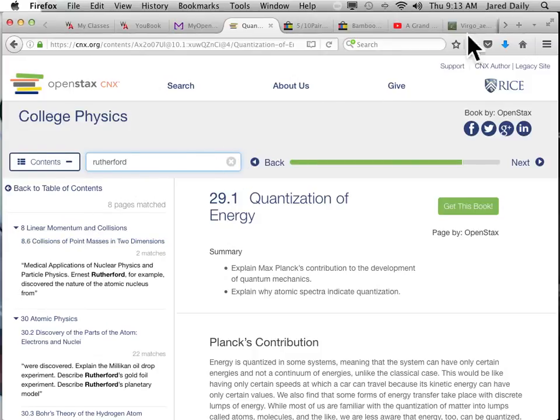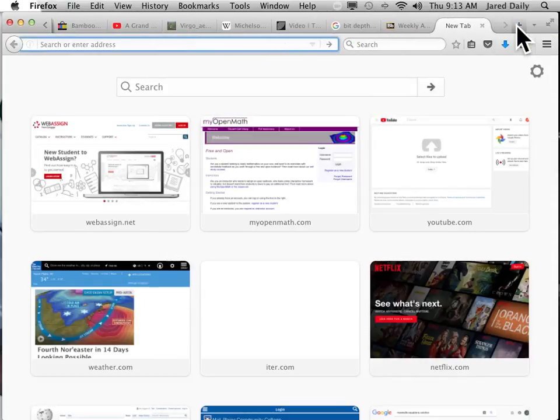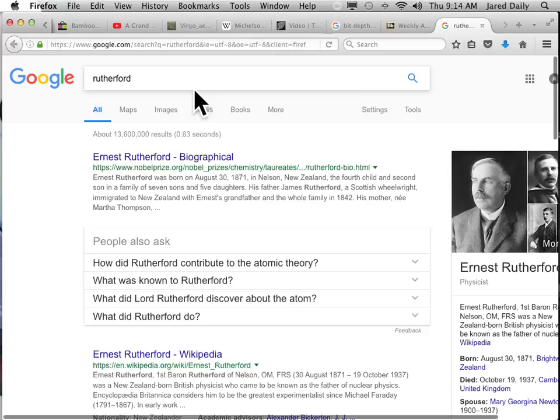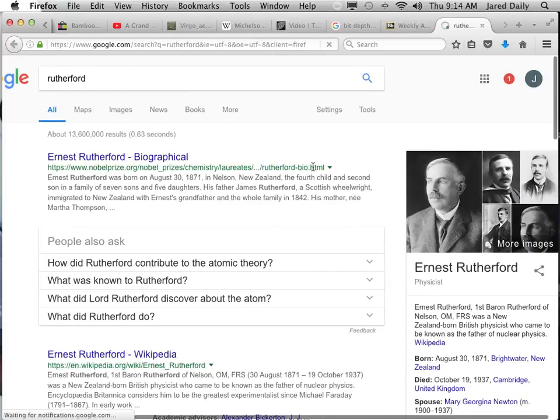So this is one of the first experiments that was ever done with actual atoms. Because we can't see atoms, it takes a different kind of science to detect them and understand something about them. Ernest Rutherford was one of the first people to figure this out. Ernest Rutherford was the first Baron Rutherford of Nelson, a New Zealand-born British physicist, and he discovered the nucleus of the atom.